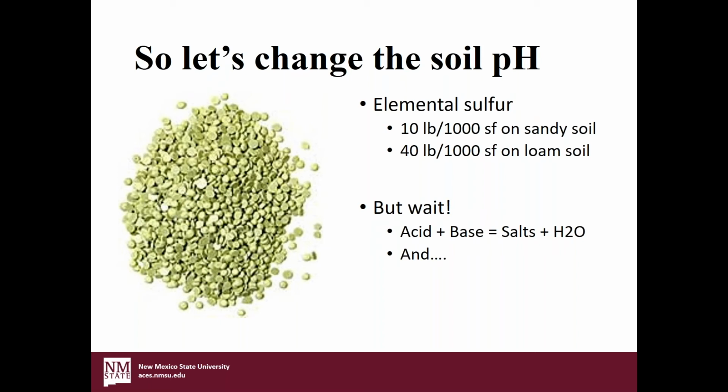But wait, if you add an acid to a base, what do you get? Salts and water. Is that going to be more deleterious for our efforts?